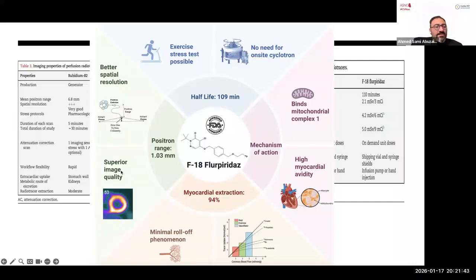We also get superior image quality and great spatial resolution. And I can put the patient on exercise in cardiac PET. For the first time, we can put a patient on the treadmill and do cardiac PET, which is now available with flurpiridaz. I think this is a very important concept.